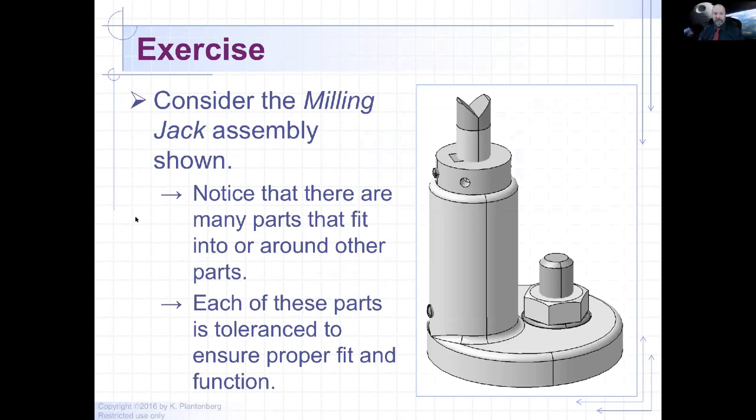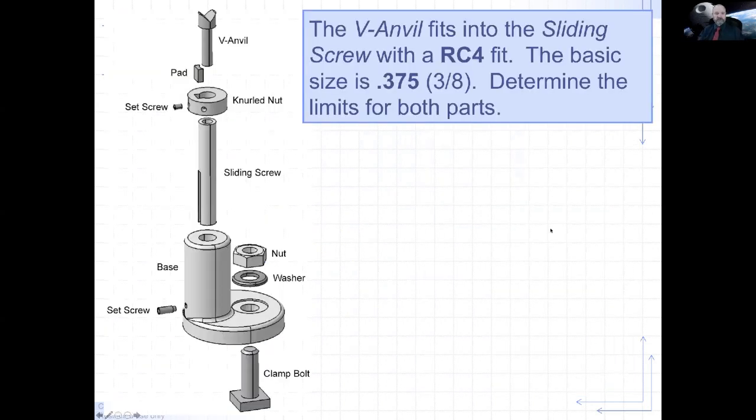This is a milling jack assembly that you might build to help you machine parts better. There are different ways that you can dimension this. Here we're saying the V anvil, this part up here, and there's a shaft that fits into the sliding screw with an RC4 fit.